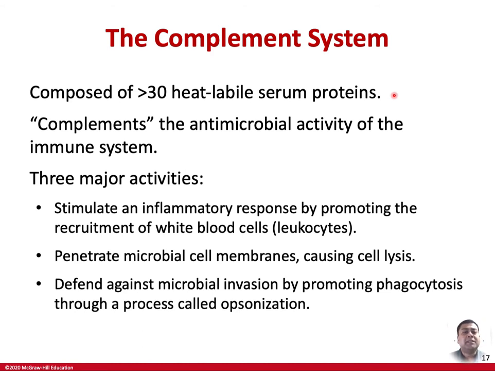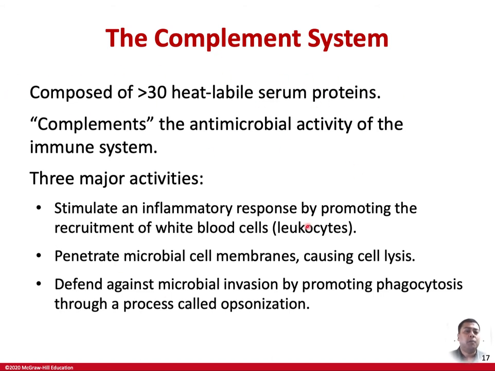The complement system has antimicrobial activity, and once activated, it converts some of these heat labile serum proteins from the inactive form into the active form, and that allows them to work properly. They are present in the serum all the time, but in an inactive form. Upon a microbial invasion, they can become active.